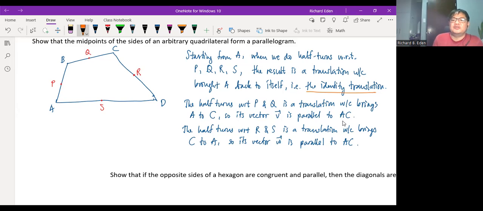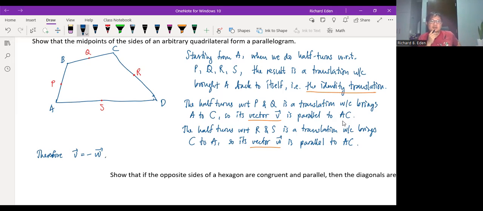But then, the first 2 half turns is along vector V, and the last 2 half turns are along vector W. But then, when you do these translations along these 2 vectors successively, the net effect is 0. Parang walang nangyari. So what then is our conclusion on vectors V and W? They are opposite. All right. Therefore, V and W are opposite each other, so they're negatives of each other.